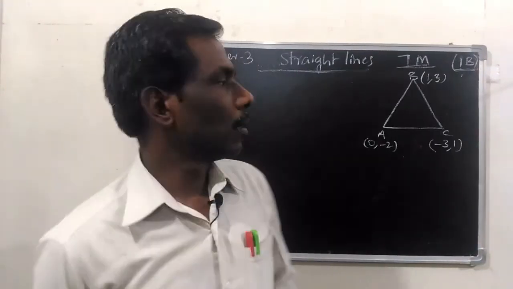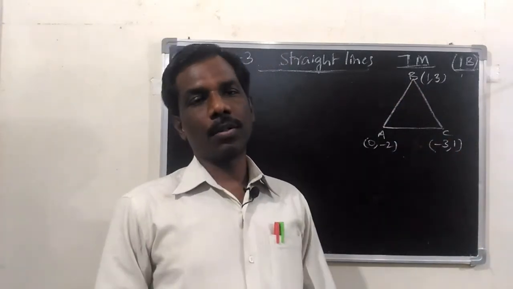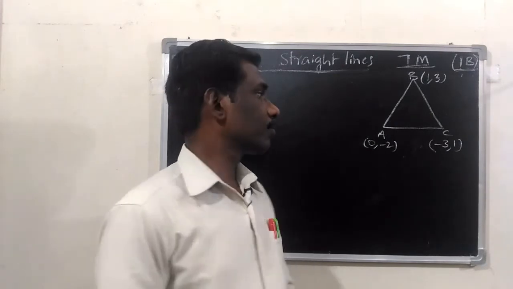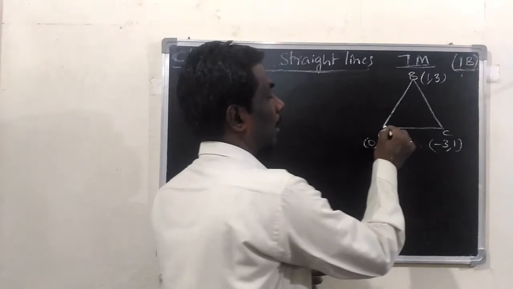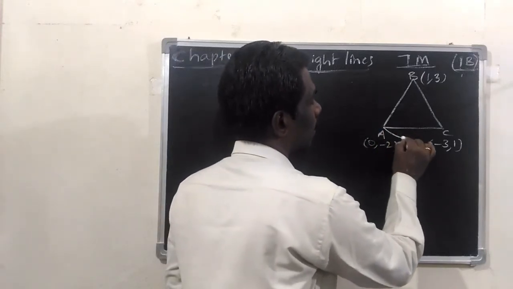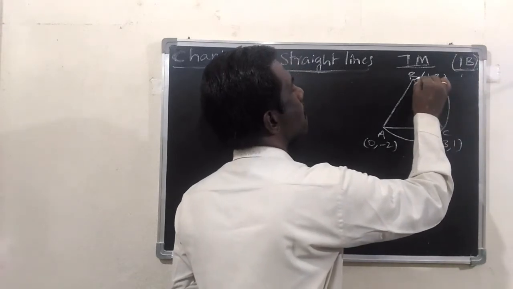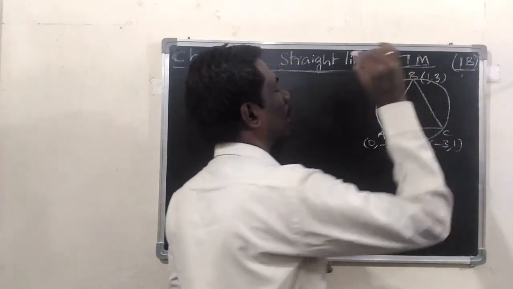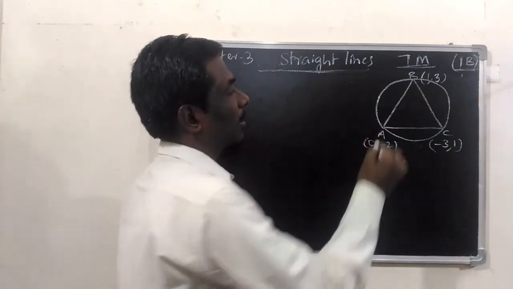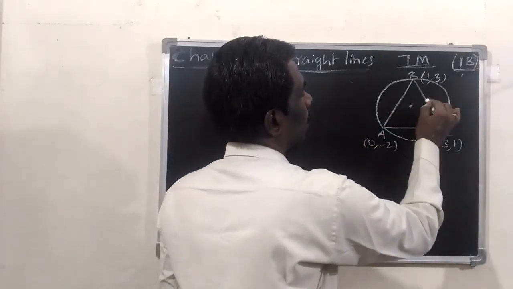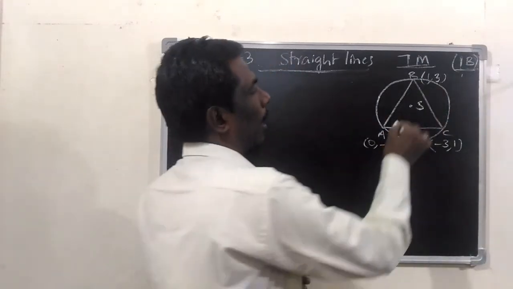After we got the 3 vertices of the triangle, we want to find the circumcenter. So what is the circumcenter? If a circle passes through the 3 vertices of the triangle, it is called the circumcircle, and its center is called the circumcenter.